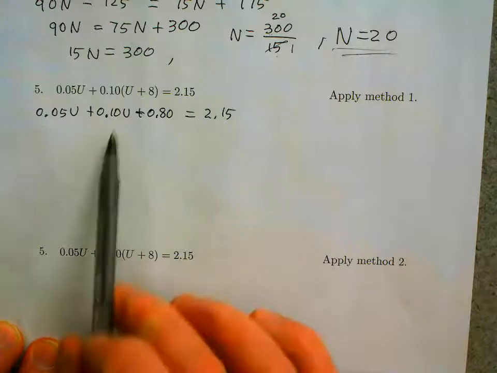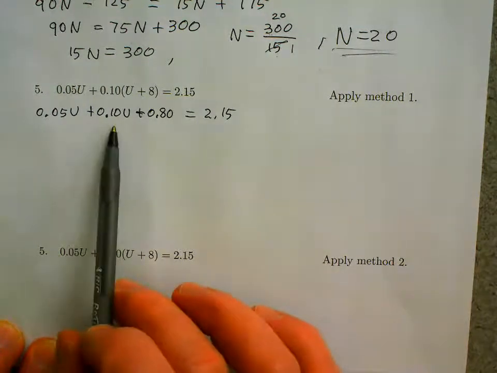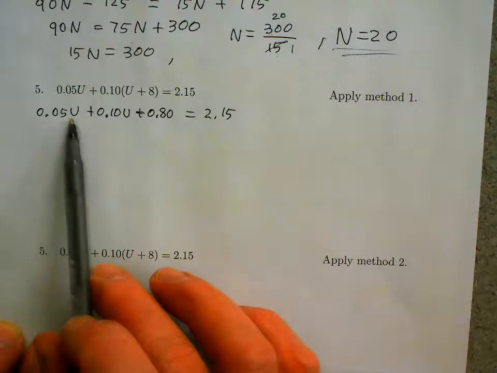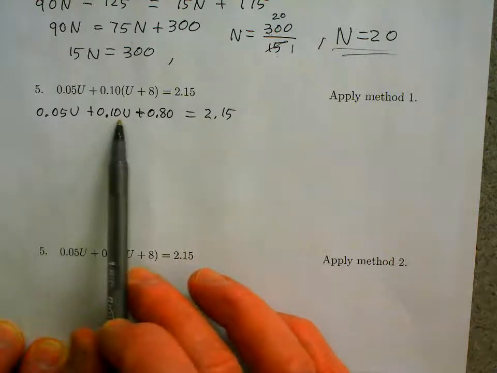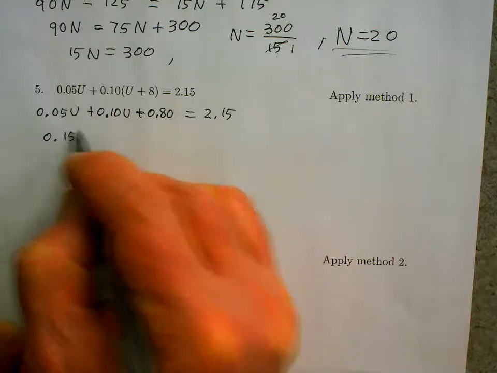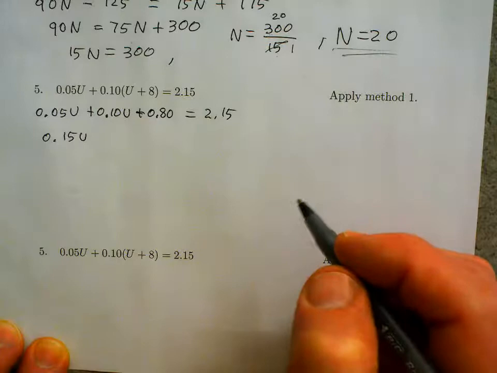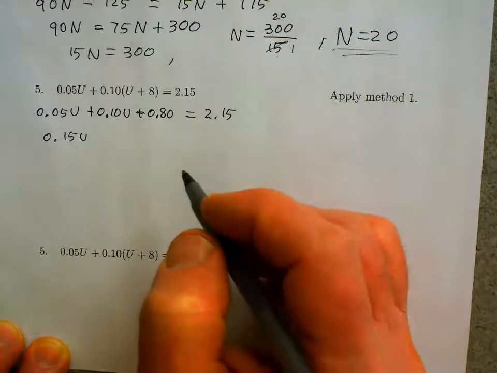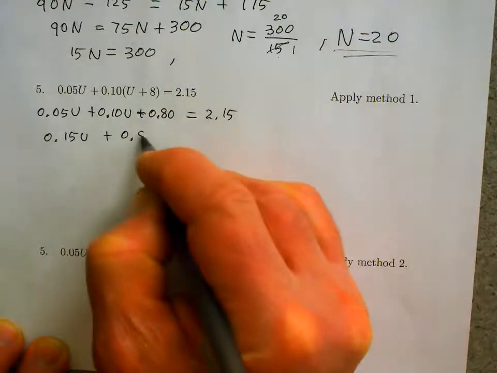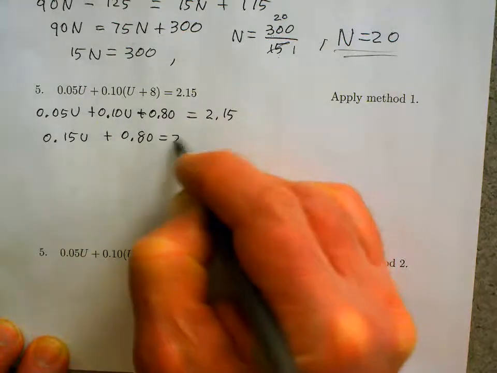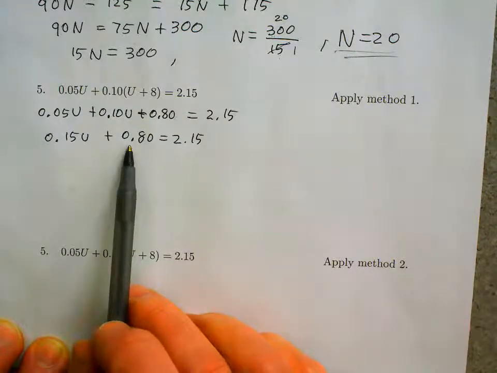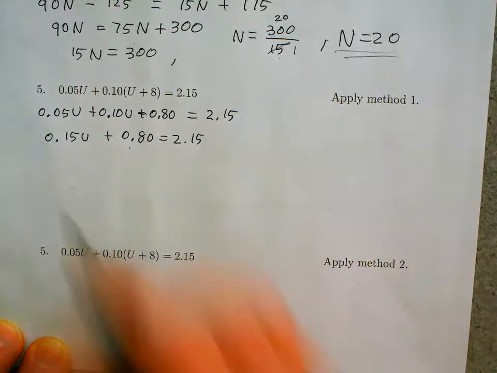On the left-hand side, we can combine like terms. 0.05u plus 0.10u is 0.15u. I'll go ahead and write plus 0.80 equals 2.15. And now we're going to subtract 0.80 from both sides.